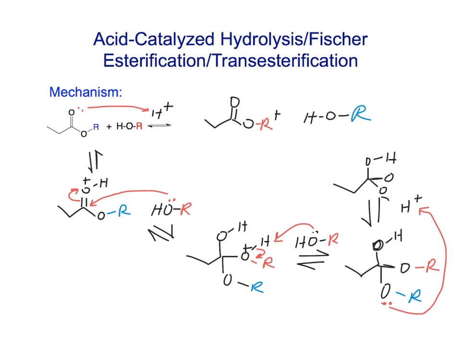Let's see if I can fit this all in. H. And here's our blue one on there, and our red one on here, and we have a plus on this oxygen now. So that can come off. This is a good leaving group, just like water is a good leaving group.